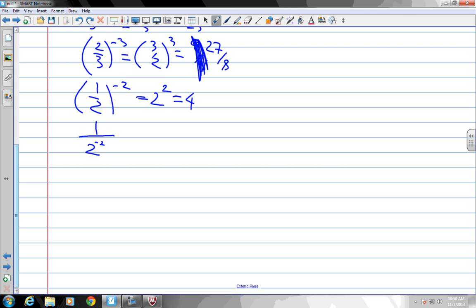If I use my other rule of exponents, where I just distribute the power, 1 to any power is 1, and 2 to the negative power is equal to the negative power. So really, these two are the same. But what we can say, actually, if you see a negative exponent in the denominator, that'll just become a positive exponent in the numerator. That whole thing will just become 2 squared again, which equals 4.